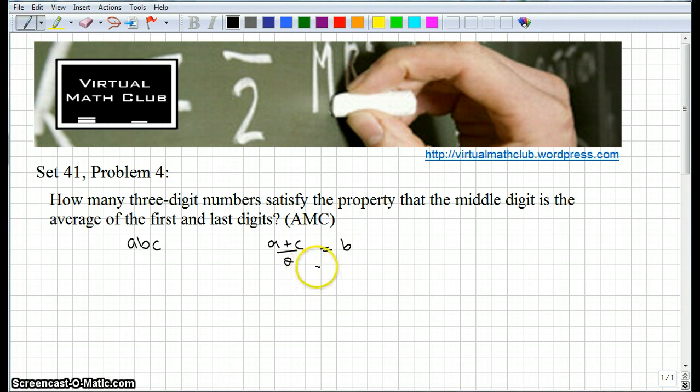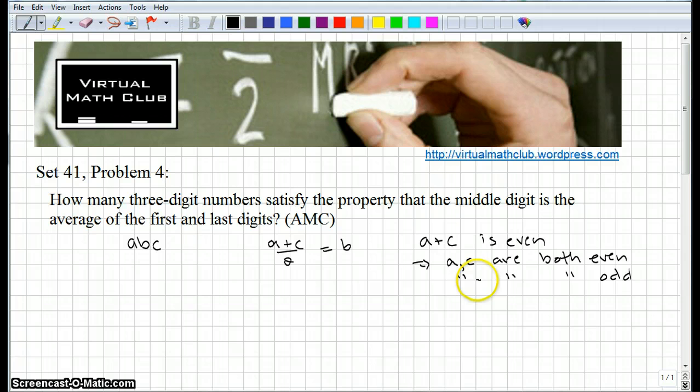Okay? So what that tells me, first of all, is that A plus C must be even, right? So A plus C is even. So then either A and C are both even, or they're both odd.